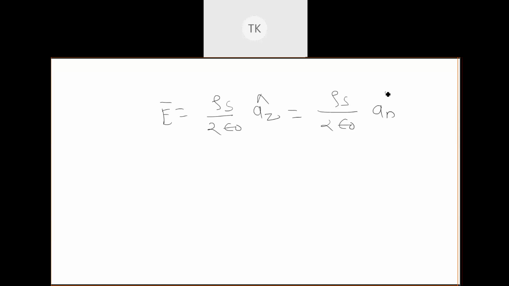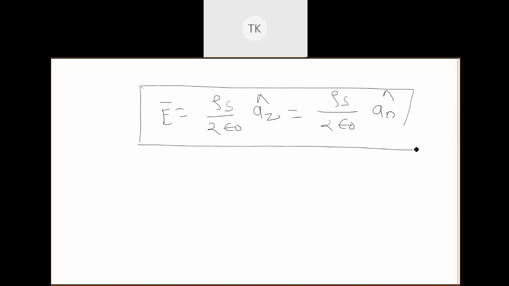E bar is equal to rho s divided by 2 epsilon 0 into a z cap, which is nothing but rho s divided by 2 epsilon 0 a n, where a n is the normal vector, a vector perpendicular to the surface charge distribution. Okay, we will stop here.